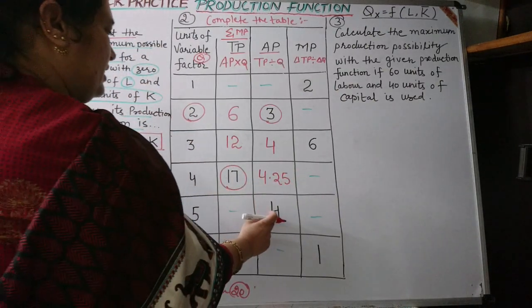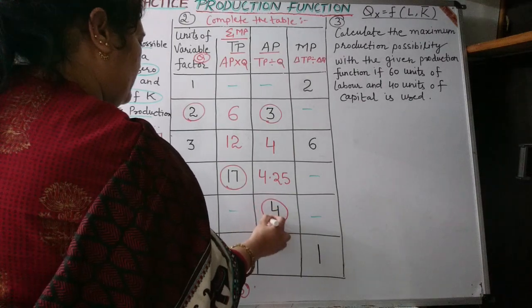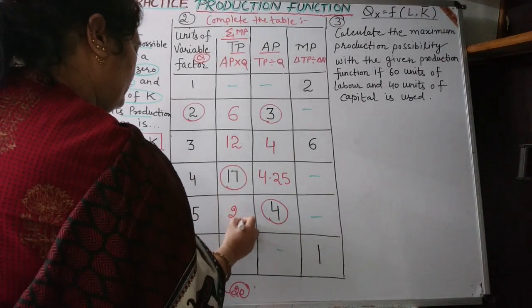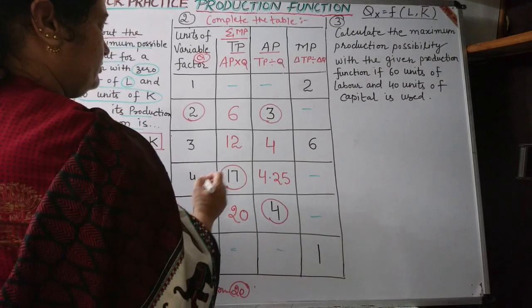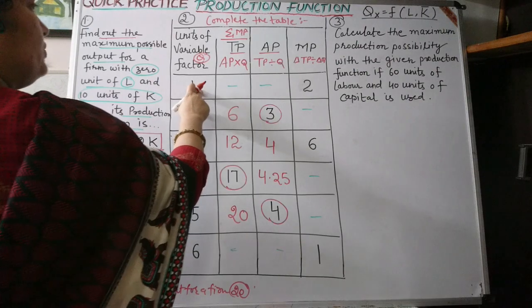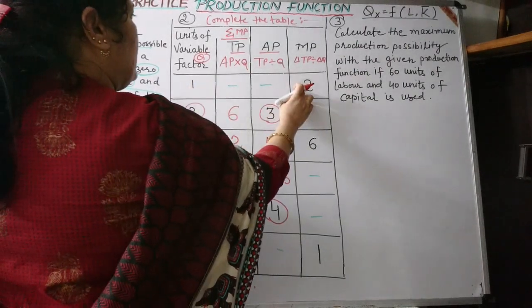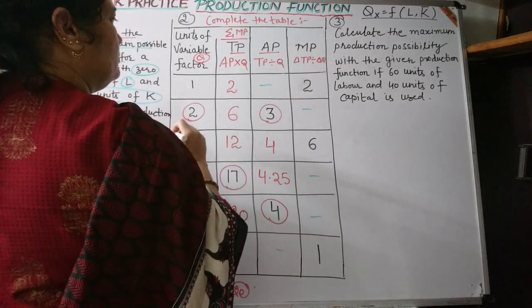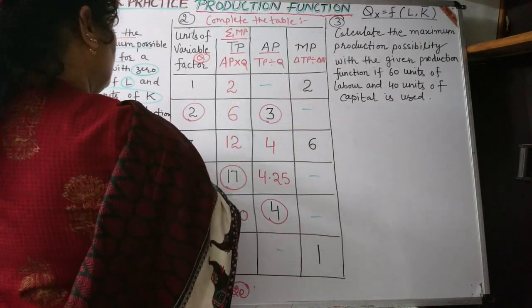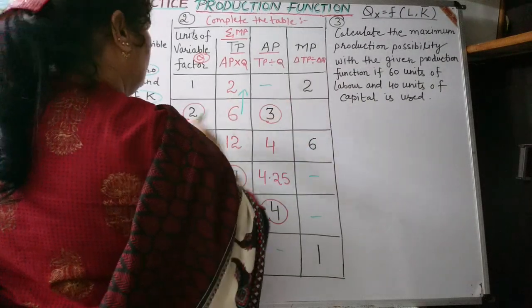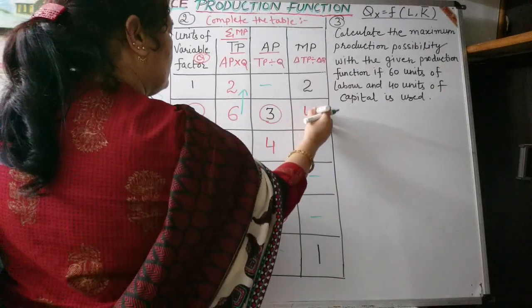Then here AP is given. AP multiplied by quantity. Total production will be 20. And if on the first unit of output MP is 2, TP will also be 2. So the difference between 6 and 2 will be 4.